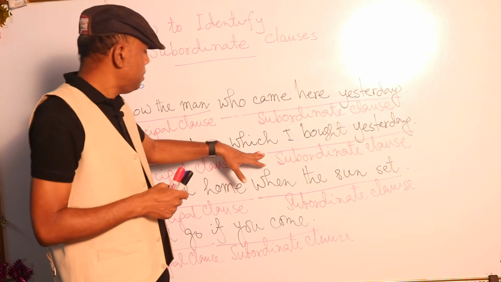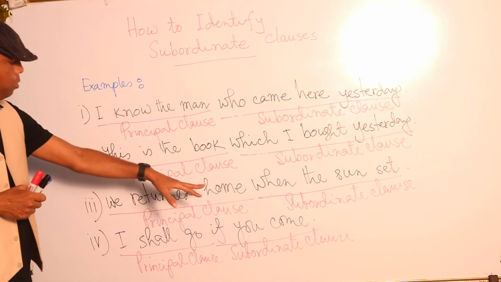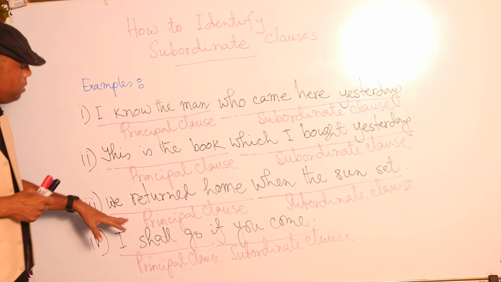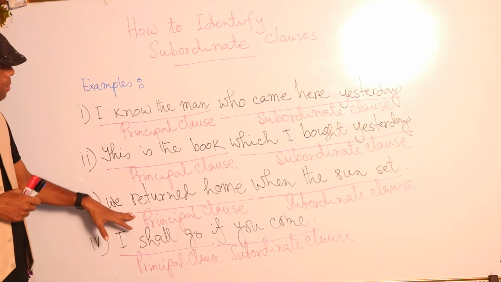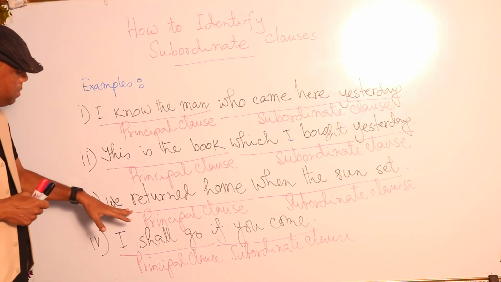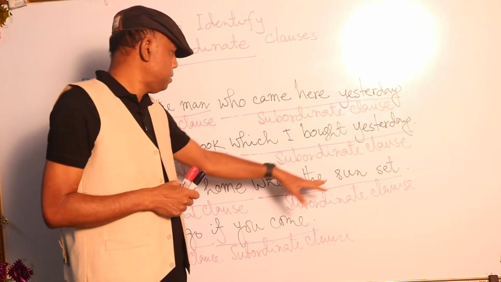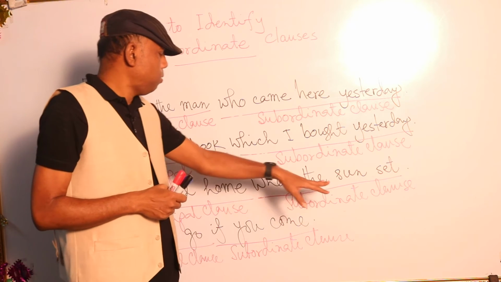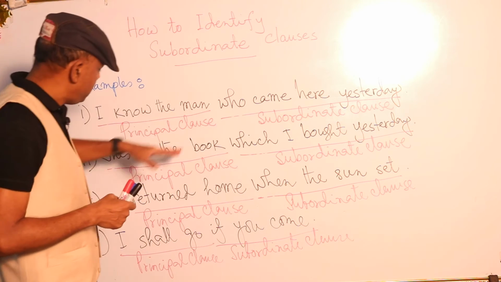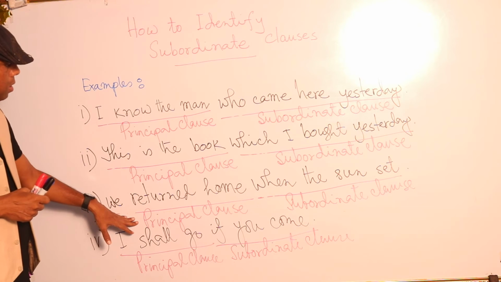Similarly, example number 3, we returned home, this clause is a principal clause, because this clause does not depend on any other clause to express its meaning. But when the sun set, this is a subordinate clause, because this clause depends upon this principal clause to express its meaning.